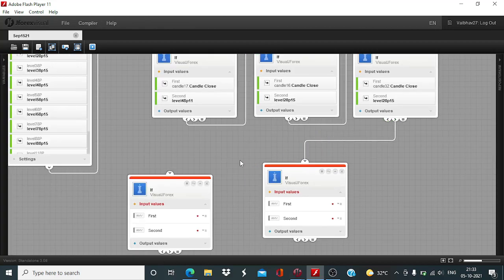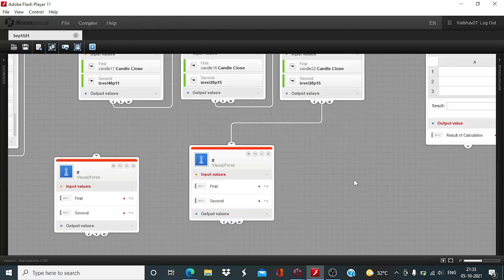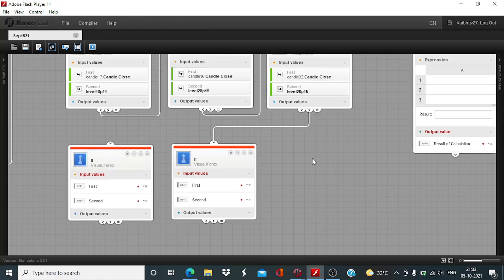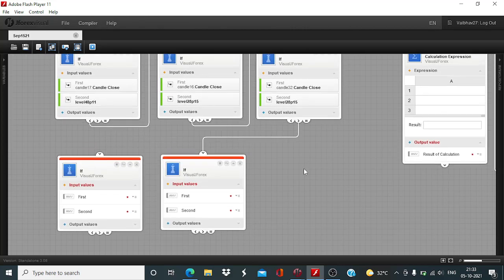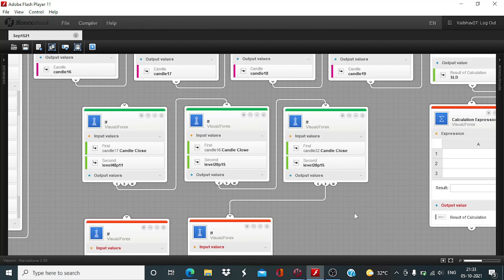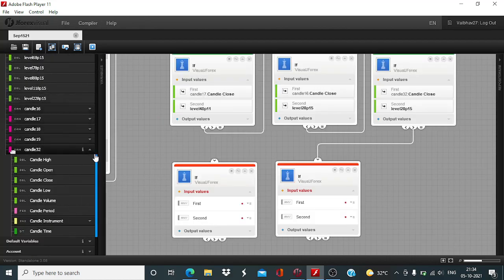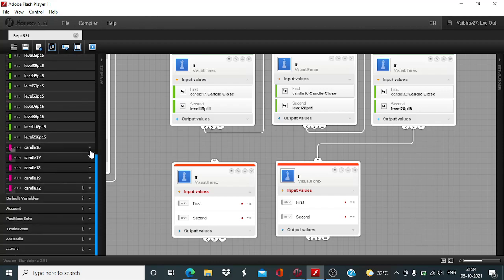And once these three conditions are satisfied, all we have to do is place the order as and when the price starts to drop below the last hourly candle close. So we have to take candle 16 candle close and compare it to the closing values of the 10-second candles.